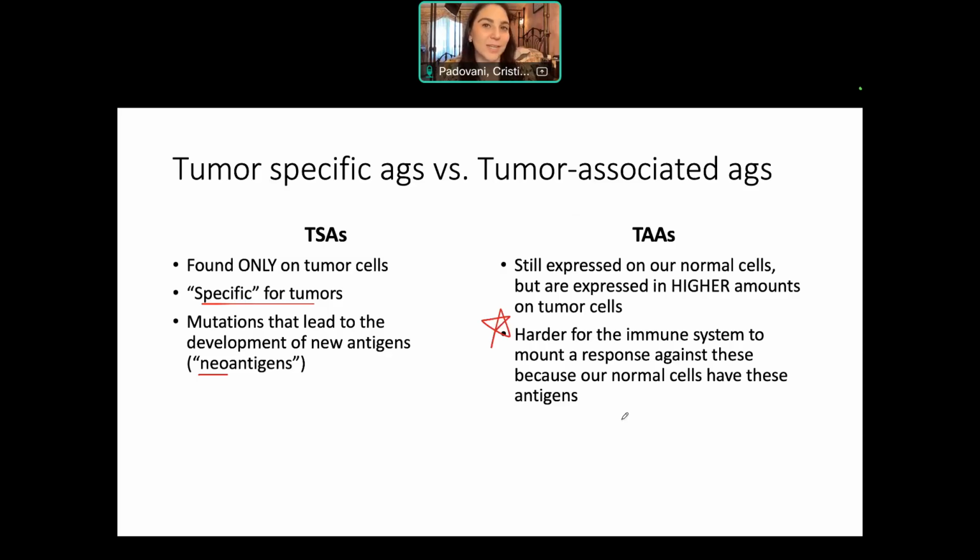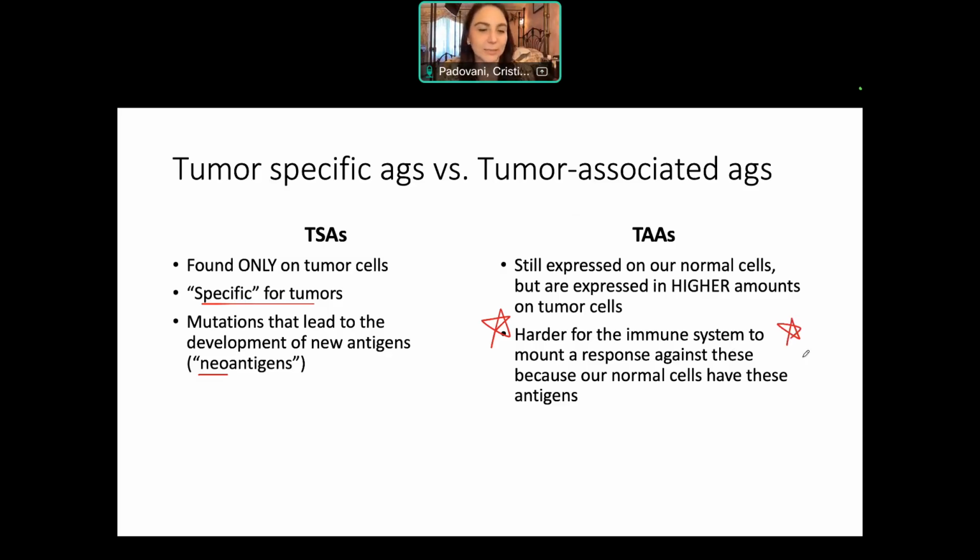Normal B cells have CD20, CD21, CD19, all of those. It's just that the B cell lymphoma has tons of CD19, 20, 21 on its surface. But these are still harder because it's nothing new to the immune system. It doesn't recognize it as foreign. It's just like, this is supposed to be here.